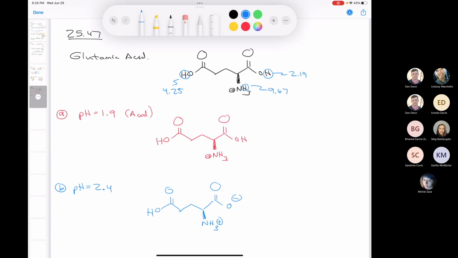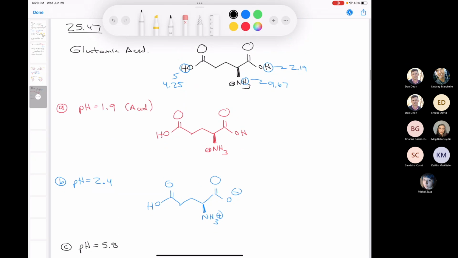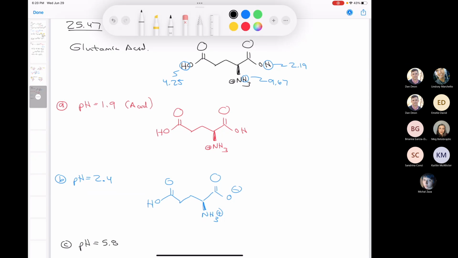This is a question we ask in nursing chemistry a lot, just looking at pK values and drawing the structure. Okay, cool. Why don't we try one more? What if it's at a pH of 5.8? Well, if we're at a pH of 5.8, that means it's going to be more basic than this proton and this proton.